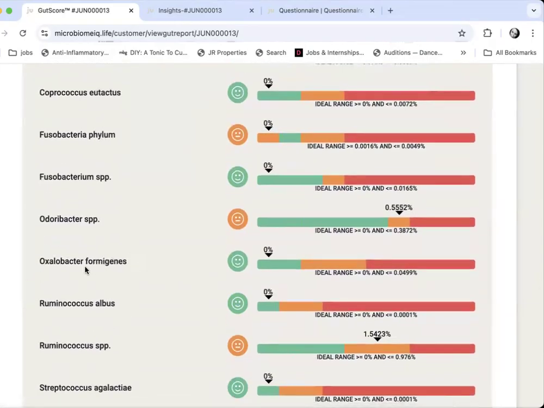Some types of Oxalobacter formigenes, for example, can be connected with a higher incidence of kidney stones, but also can be connected with longevity, better, longer lives and healthier aging and things like that. So it just sort of depends.